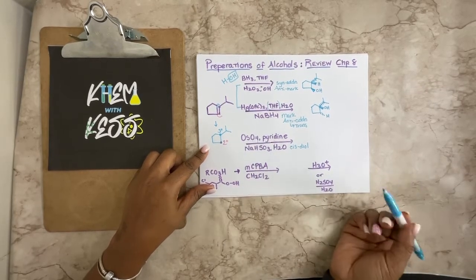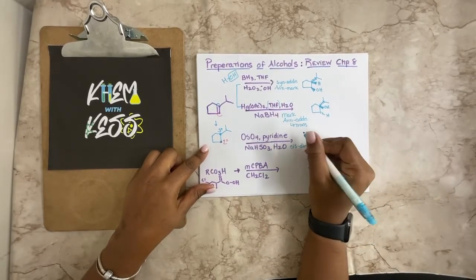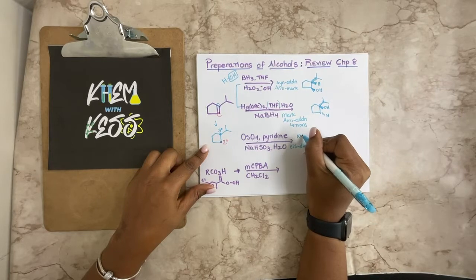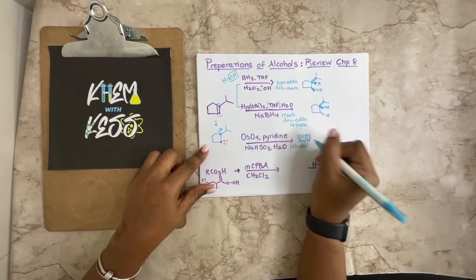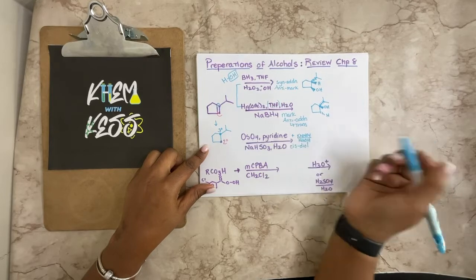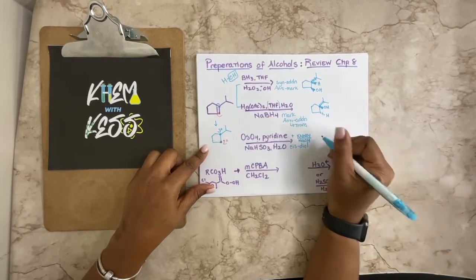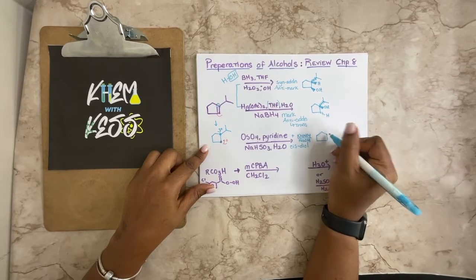Hey, it works. There's a freebie for you. Another one that you can memorize would be KMnO4 under basic conditions. This is me also going over Orgo 1. It makes a difference, but both of these do the exact same thing. You can use either or. And where the double bond used to be, you would create your cis diols.